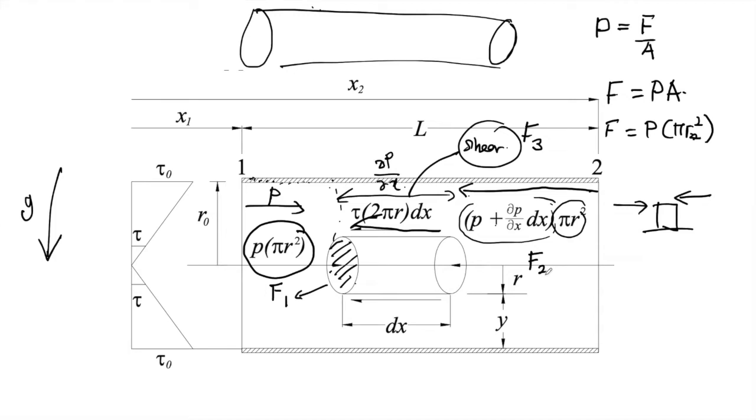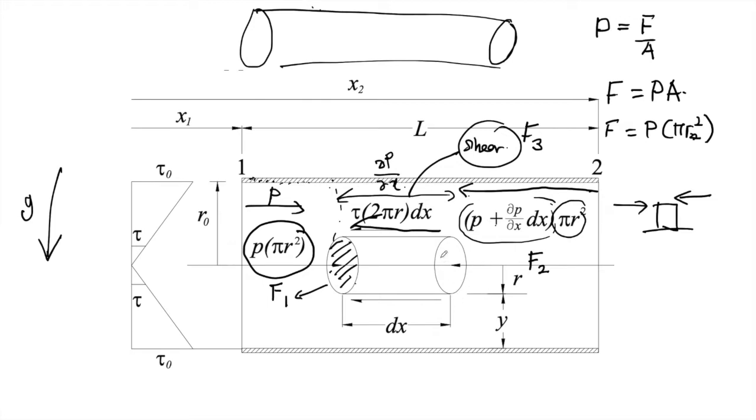Before that, as you can see here, we have Y. Y is the length from the pipe wall to the center, whereas for the R value, the radius here is from the center of the pipe to this circle.